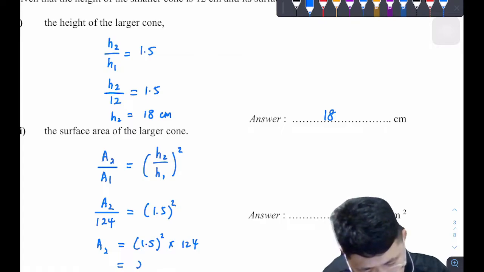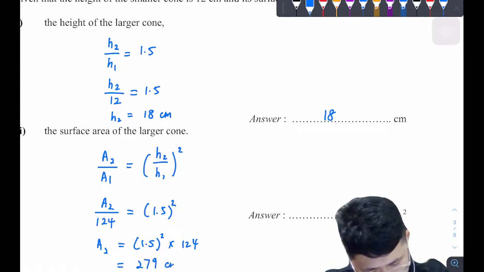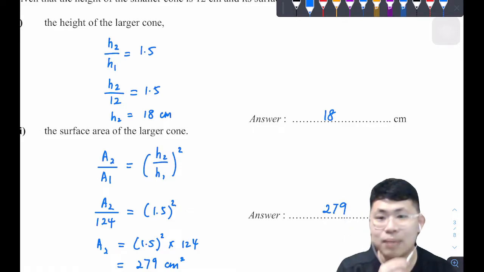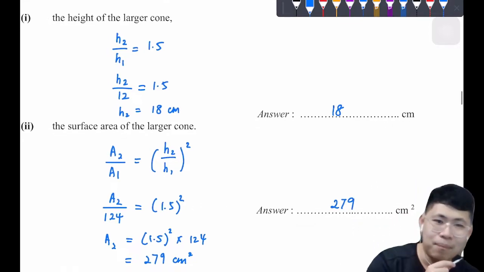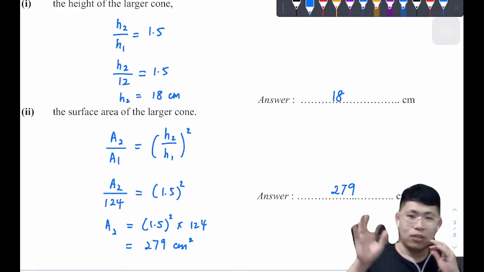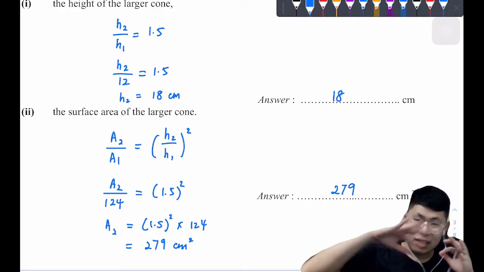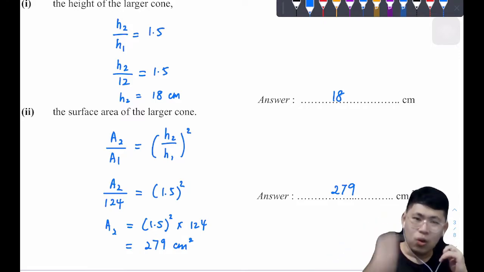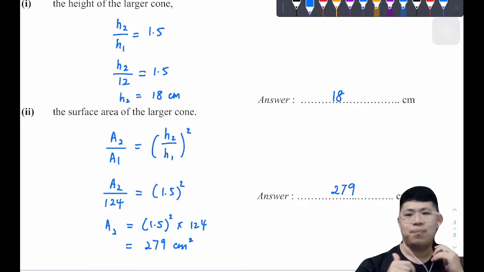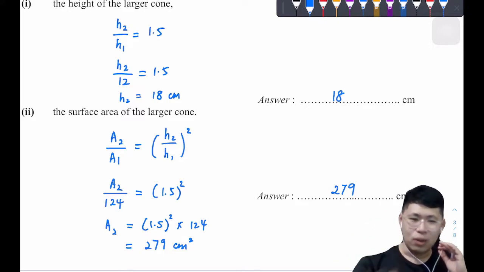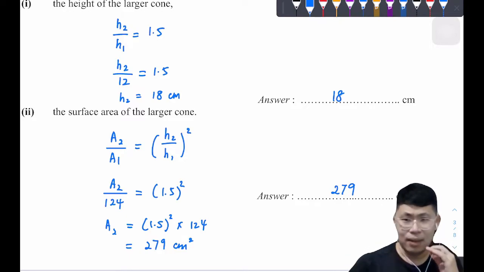I'm going to get 279 cm square. So the answer is 279 cm square. Even though it's not like a length, even if it's surface area, it works the exact same way, because of similar figures, regardless of the surface area.